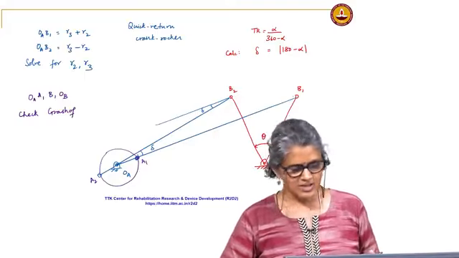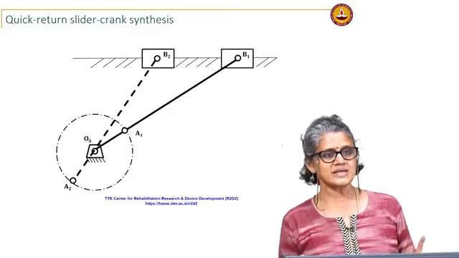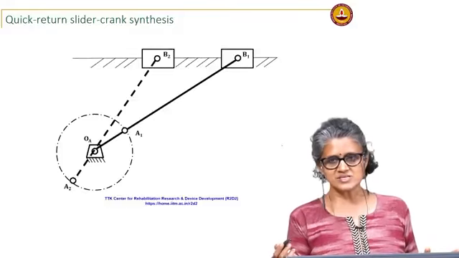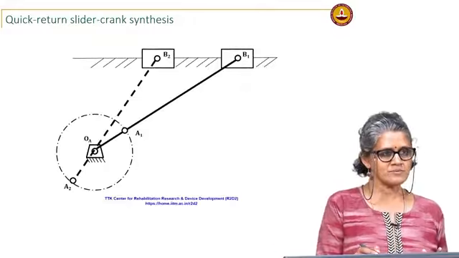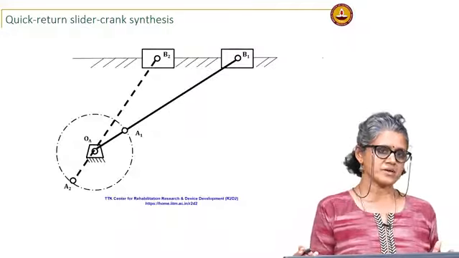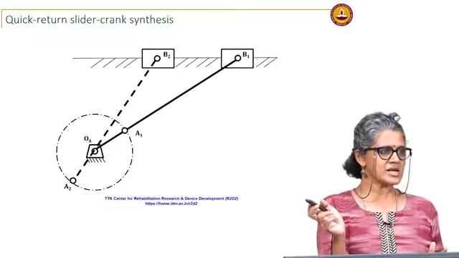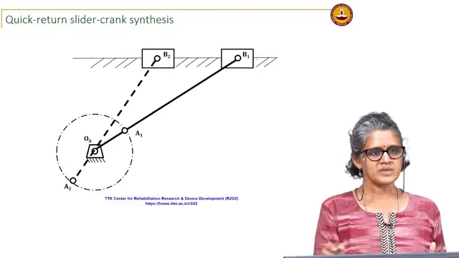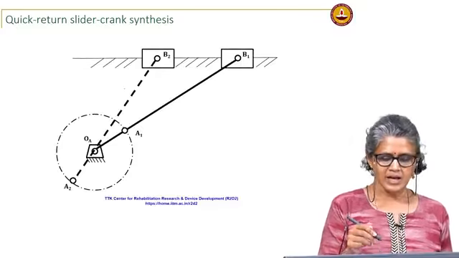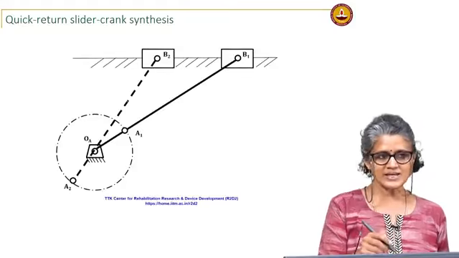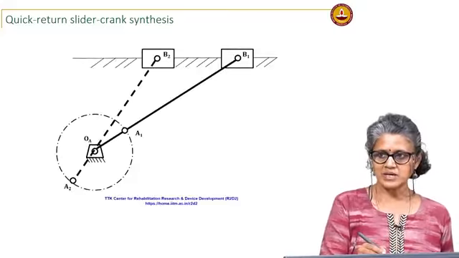Okay. So, I can do the same thing with a slider crank. The slider crank is just a special case with the rocker pivot at infinity. So, here B1 and B2 are points on a straight line. In the previous case they were points on an arc pivoted about OB, here they are on a straight line. So, I could design a slider crank in the same way as the crank rocker, again with B1 and B2.